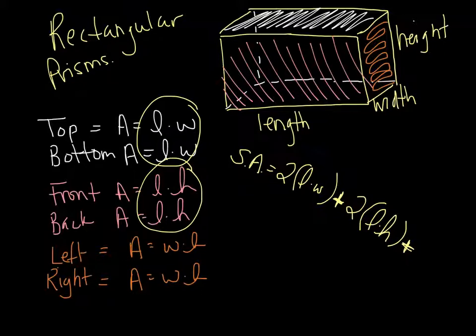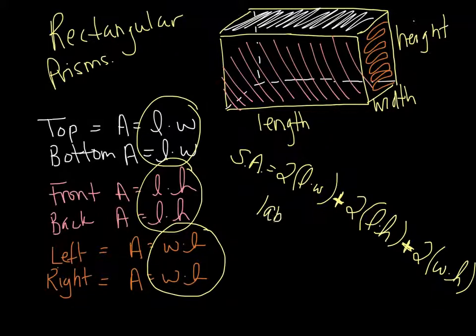And lastly, we have our left and right, which is 2 times width multiplied by the height. Remembering to label your answer in square units.